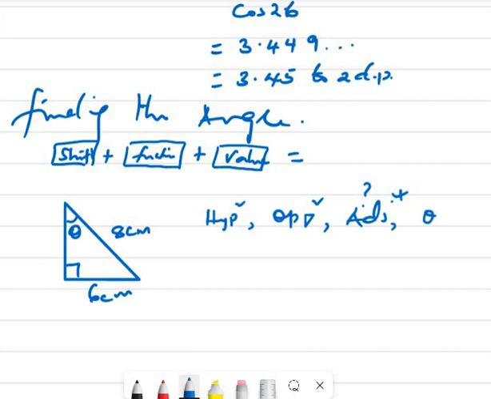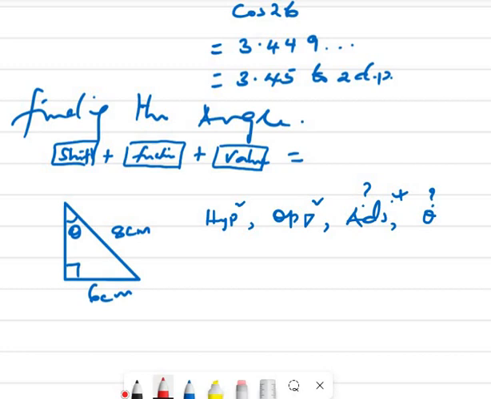The angle as well is not given. So we may have to find that, at least only one of these is missing. We shall now do the assessment to see what we have.